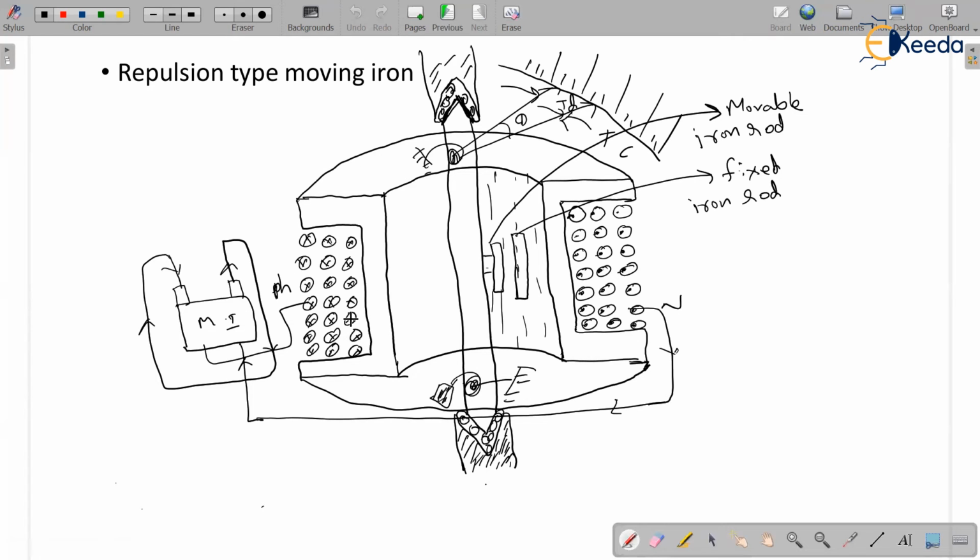So the same current passing and current leaving here, the same spindle is placed here. One is a moving iron rod, one is a fixed iron rod. The same scale and pointer mechanism. Spring control is used.